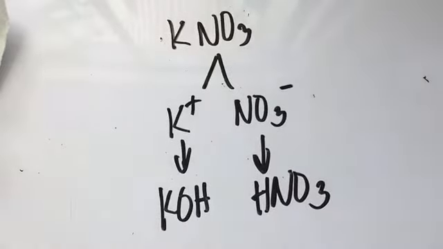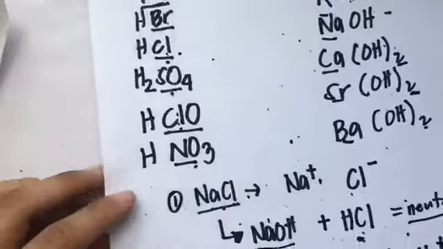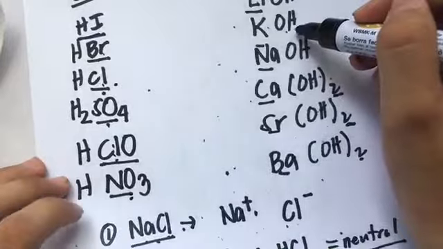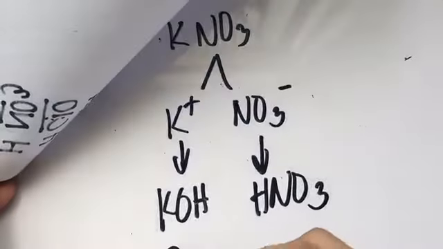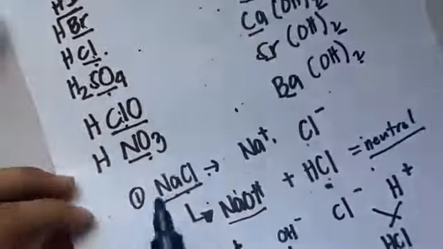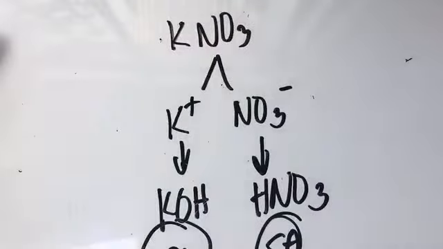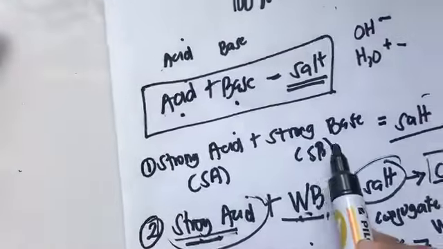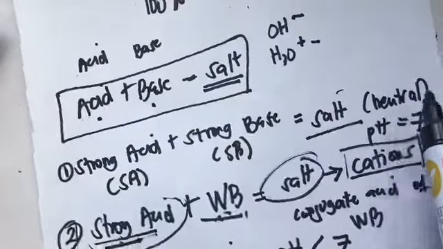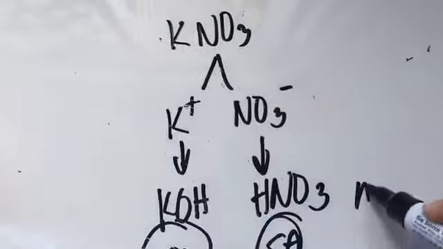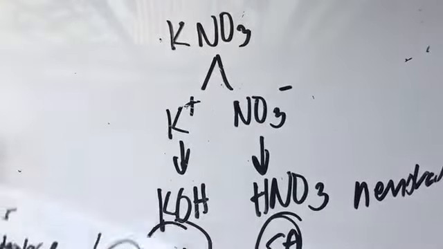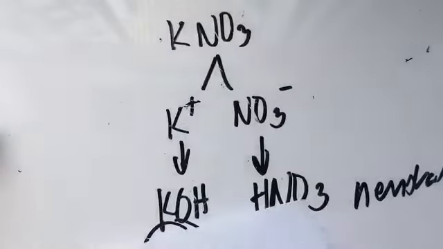So in our mnemonics, potassium hydroxide is one of the strong bases, and nitric acid is one of the strong acids. That's why a combination of a strong acid and a strong base will form a neutral solution. So this is neutral. So nagko-coincide ba siya sa data natin? Yes, nagko-coincide siya sa data natin.